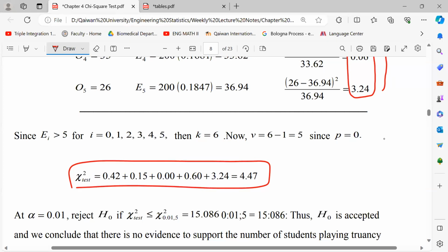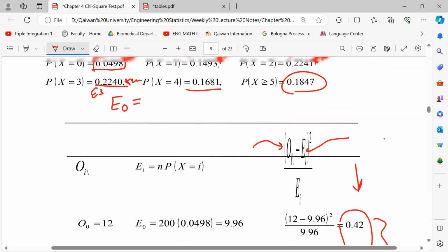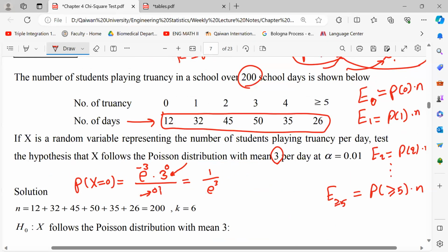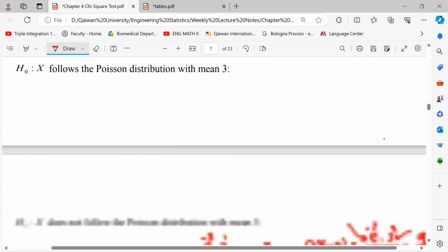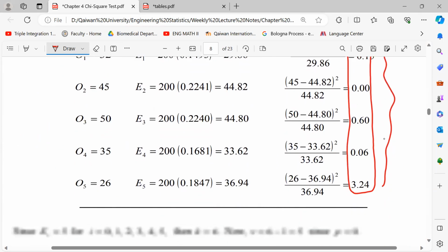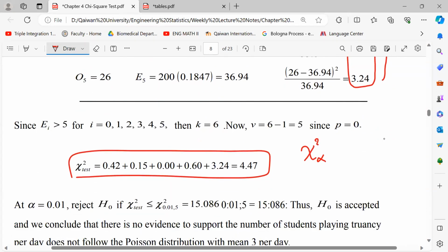Then we need to find chi-squared from the table. The rule is we say chi-squared of alpha. Alpha must be given in the example. It's given here, which is 0.01. It's chi-squared of alpha, then k minus p minus 1. K is the number of possible outcomes.